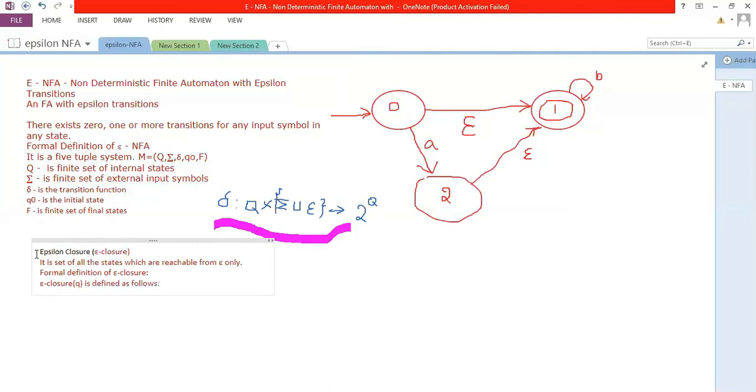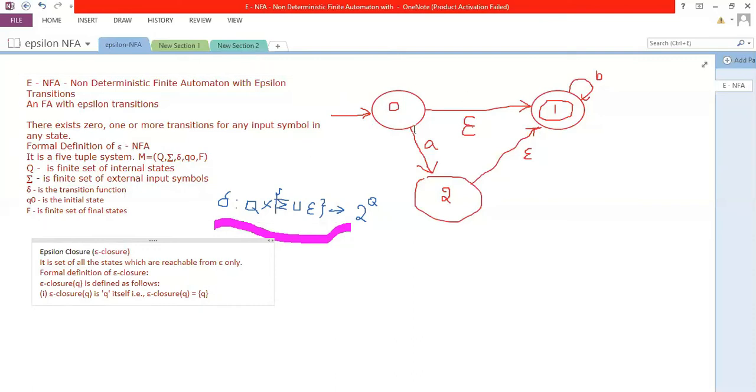Let's define it. First condition says epsilon closure for Q is Q itself. What does it mean? Do understand.